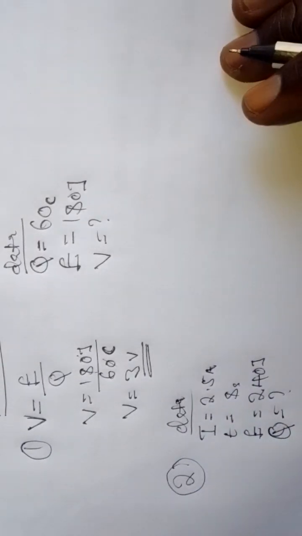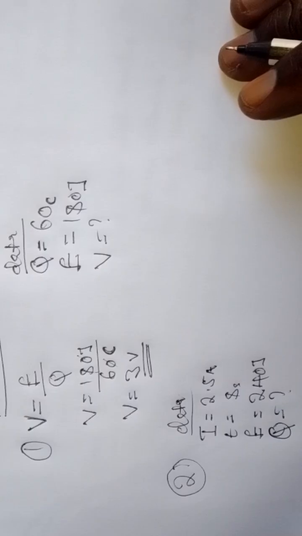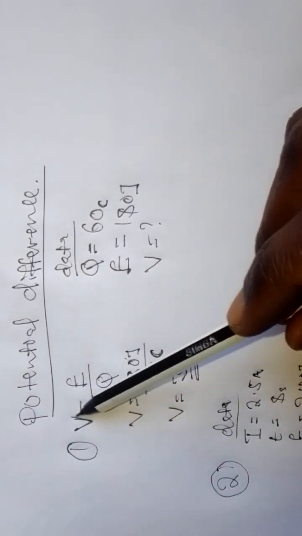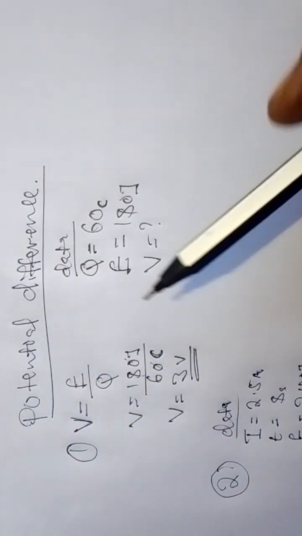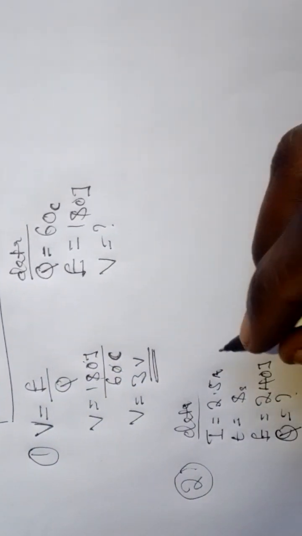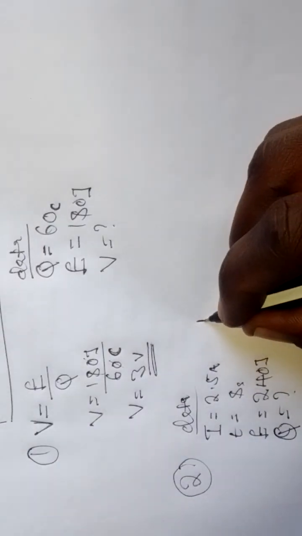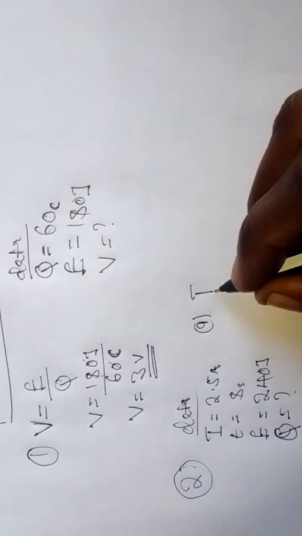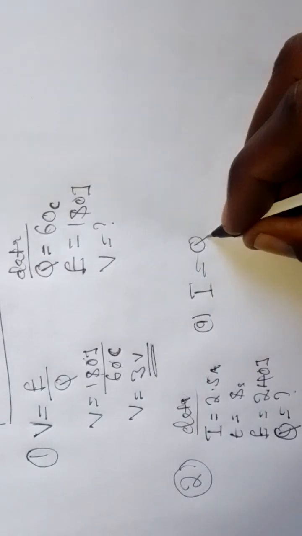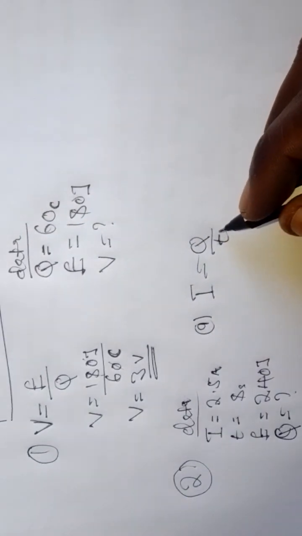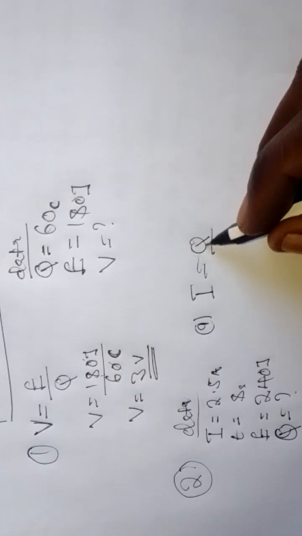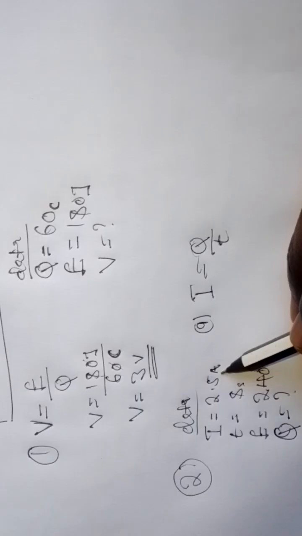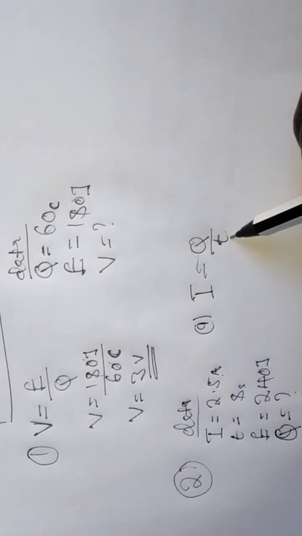So which formula can we use? If you use the one for voltage, it can't work because we don't have voltage. So the proper formula that you can use is the same formula we used at first: current is equal to charge over time. And we want to find the charge. The current we have, it's 2.5. Time also we have.